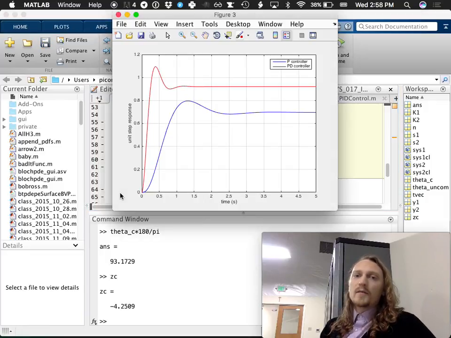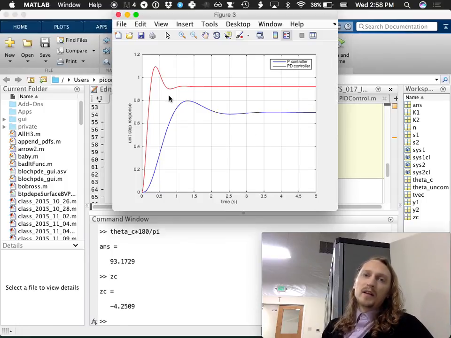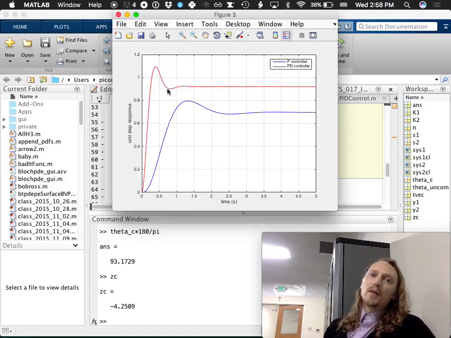Okay, so the proportional controller is in blue. Just eyeballing it, it looks like we did approximately what we set out to do. We have to figure out exactly what our overshoot is and what our settling time is.